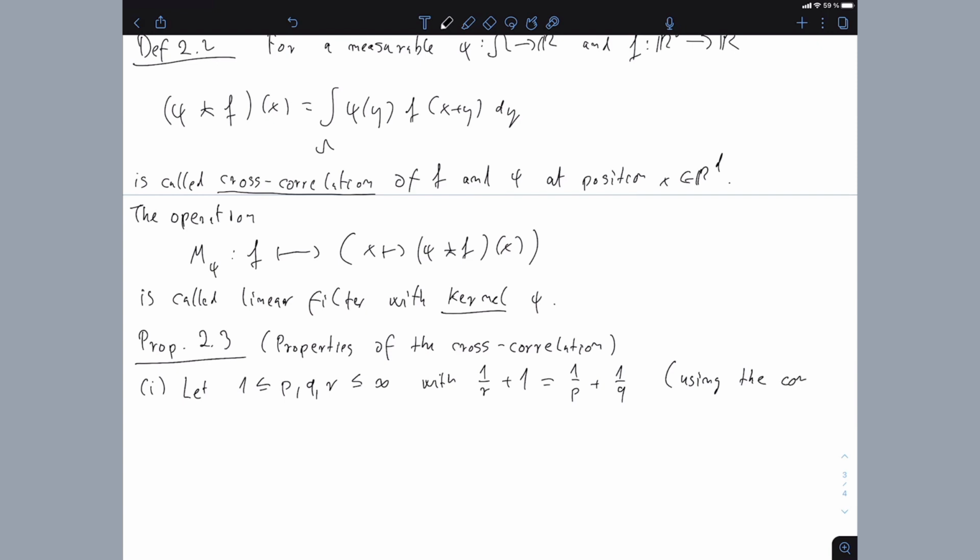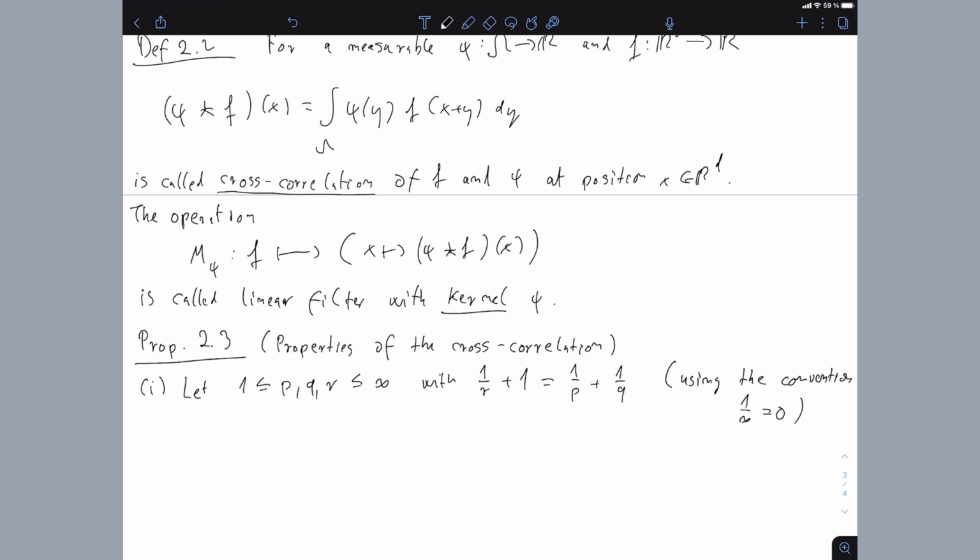And we have the convention that 1 over infinity is 0, because we are allowing the value infinity, so we have to say what's happening if we have 1 over infinity, and this is just meant to be 0.